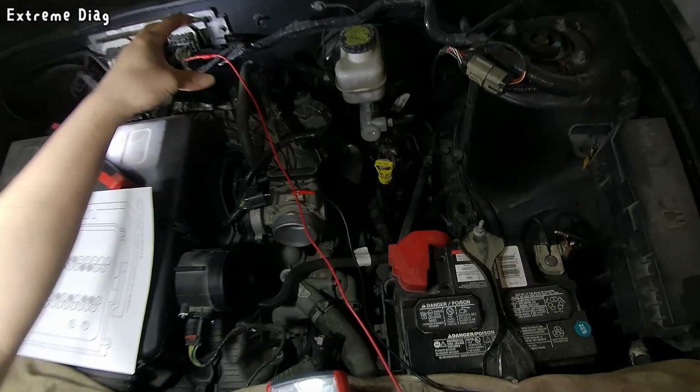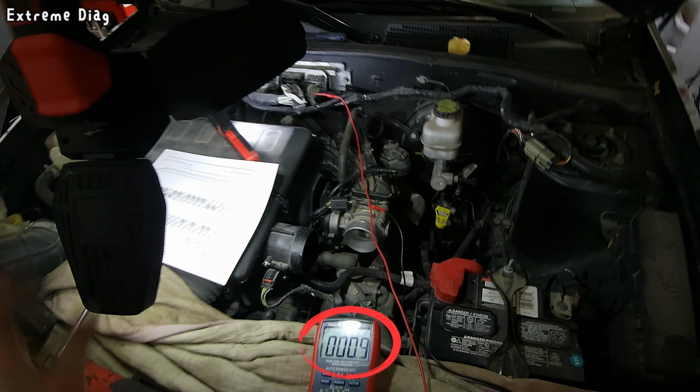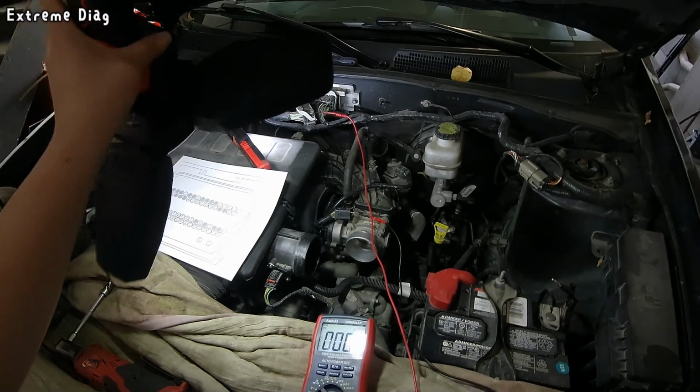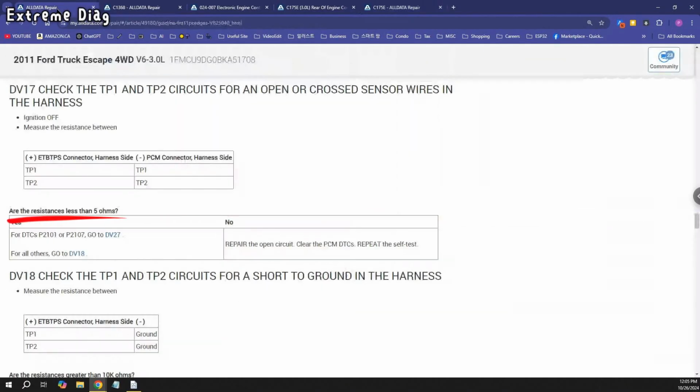The TP2 circuit shows 0.9 ohms. The question is whether the resistance is below 5 ohms. The answer is yes, so proceed to DV18.